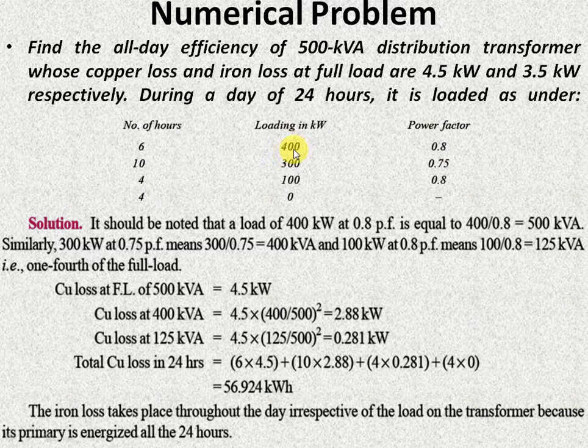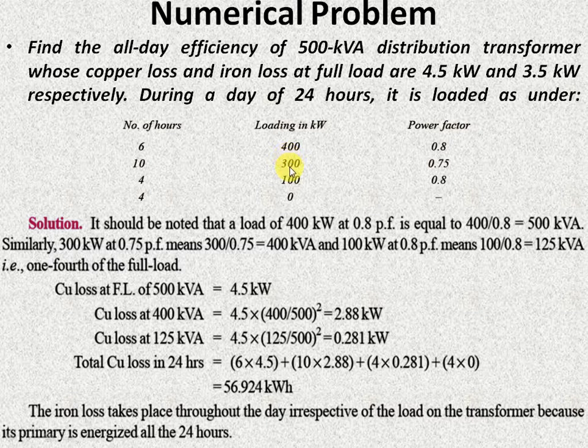At 400 kilowatt loading, the value of kVA is 500 kVA. That means for the first 6 hours, the transformer is in full load condition. So definitely for the first 6 hours, the copper loss also will be 4.5 kilowatt.